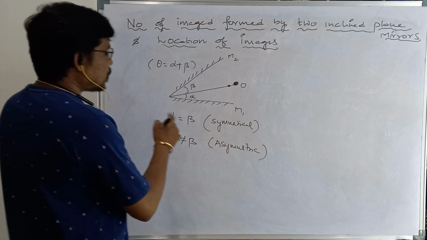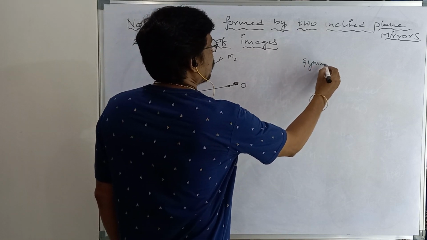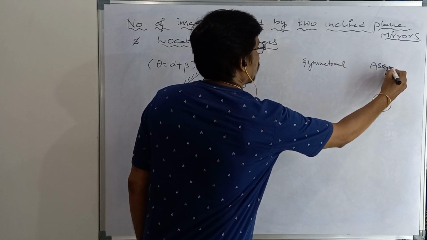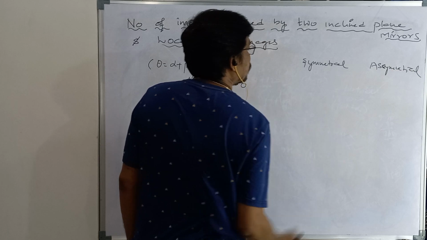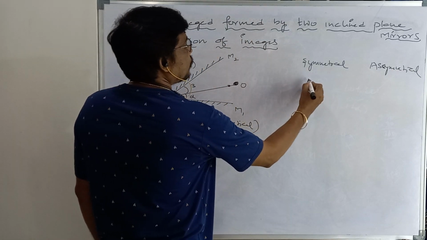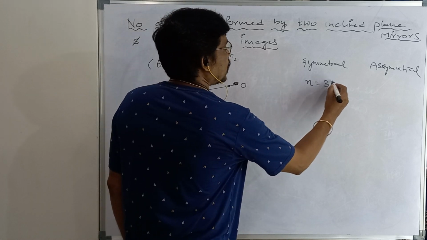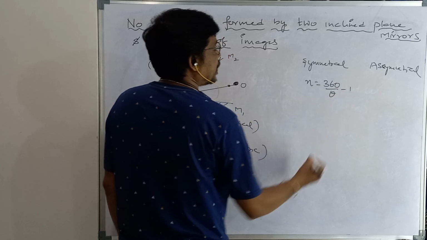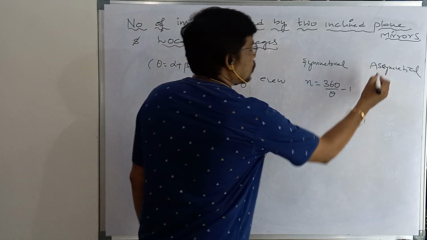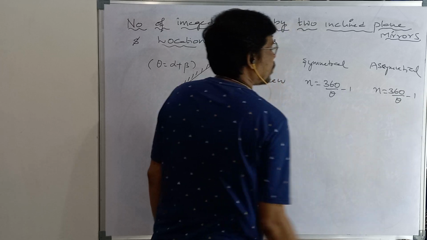So the shortcut formula used here: the number of images produced n is equal to 360 by theta minus 1, if 360 by theta is even. Here also for asymmetric, the same formula, n is equal to 360 by theta minus 1.